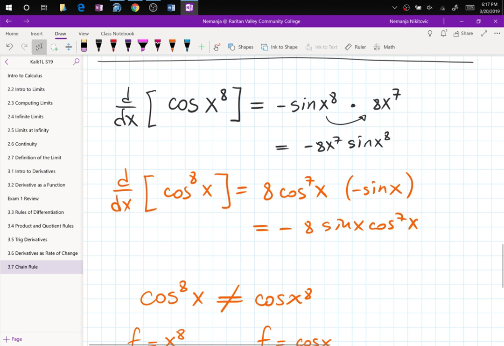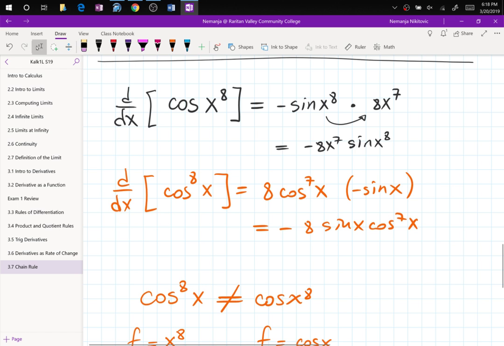Study these two examples, because this is where most of the confusion happens. This is where most of your grade dies on exams. Not getting the difference in notation between these two. So this 8 being on cosine or x is a vast difference in what type of function you have.